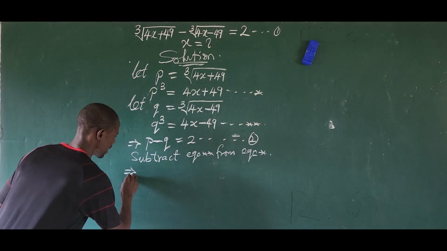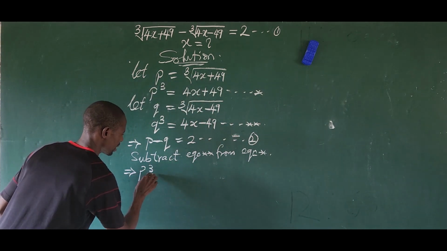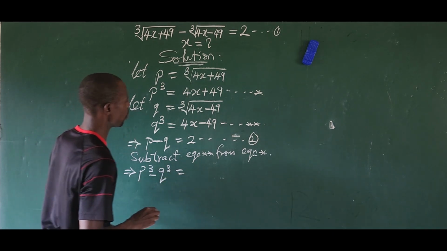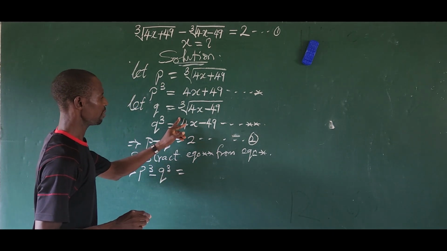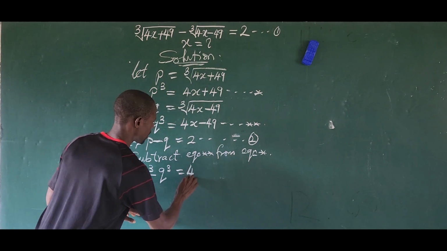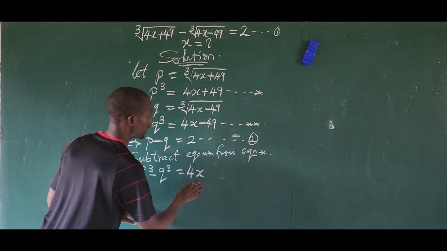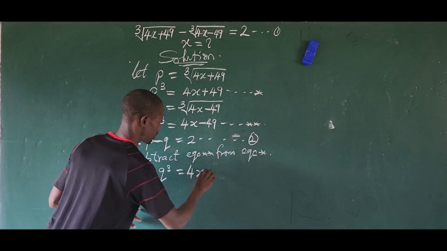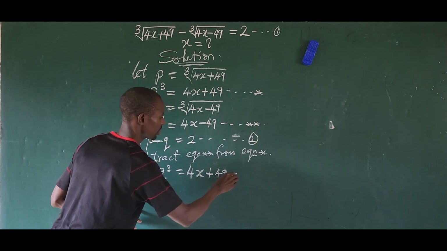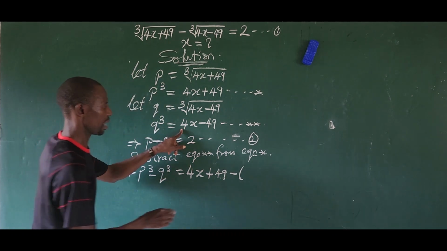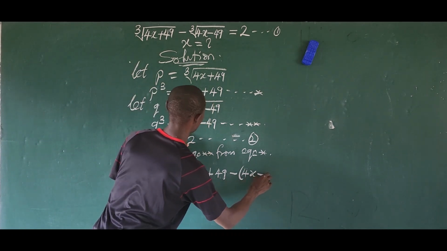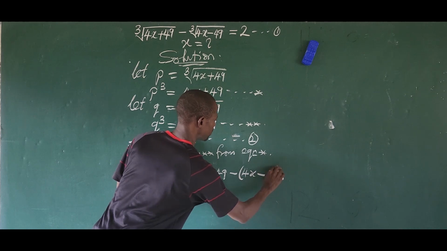So this implies that p to the power of 3 minus q to the power of 3 will be equal to 4x plus 49, then minus, in bracket, 4x minus 49.